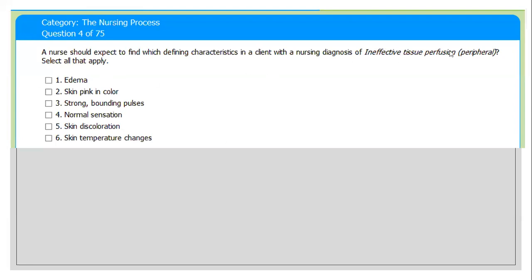So if your patient has an ineffective tissue perfusion, what are the findings? Like edema, a skin pink in color, strong bounding pulses, normal sensation, skin discoloration, and skin temperature change.